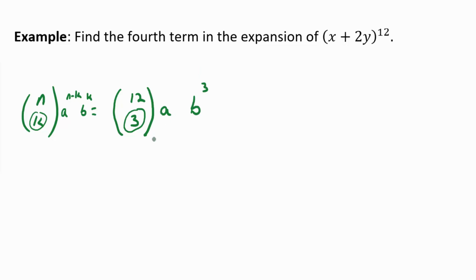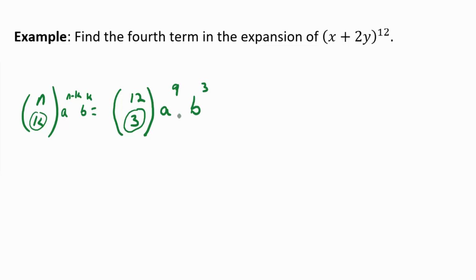And what would the exponent on the a be? 12 minus 3. That's kind of nice notation to remind you of that, right? 12 on the top, 3 on the bottom. The exponent on the a is just going to be that subtraction problem. It's not really a subtraction problem, but that's how we can align it vertically if you want to think of it that way. So 9.